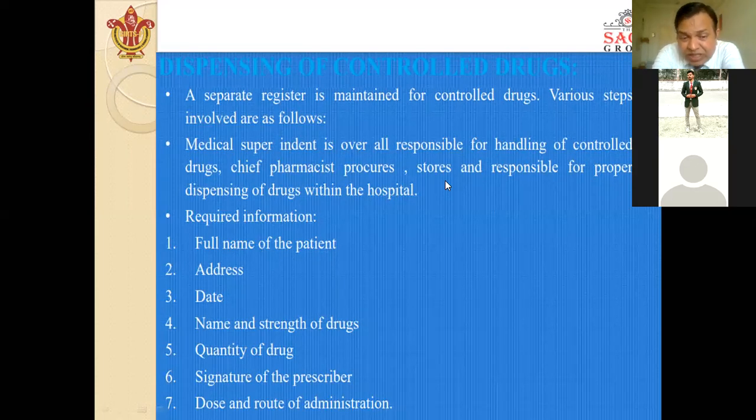This is very important. Prescriber signature must be present in your record, because you can't distribute these drugs directly to the patient, because that comes under the control category. Now, dose and route of administration must also be mentioned in your record.